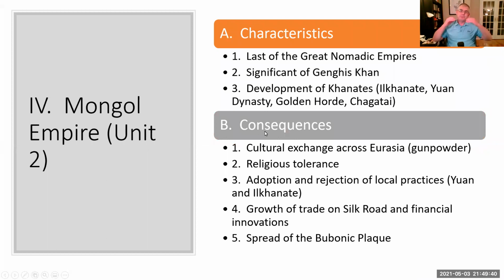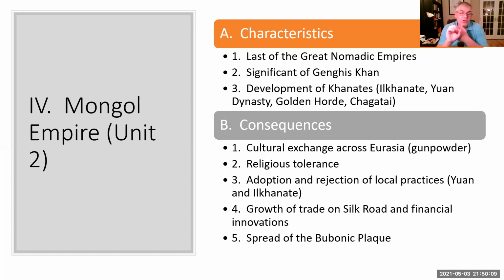So first of all, let's talk about the Mongol Empire. So this is topic 2.2, but let's just start with the Mongols because they kind of segue from the last unit to this unit. They are the last of the great nomadic empires. There's nothing going to be this great again for nomadic peoples. There's this leader named Genghis Khan who is going to promote religious tolerance. He's going to promote meritocracy, but he's also going to centralize control.